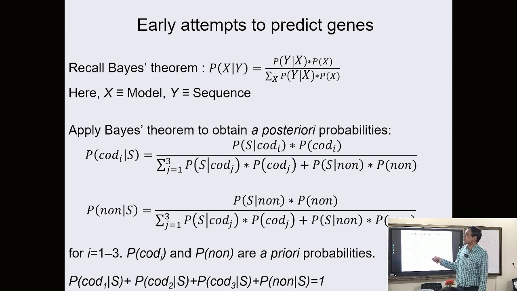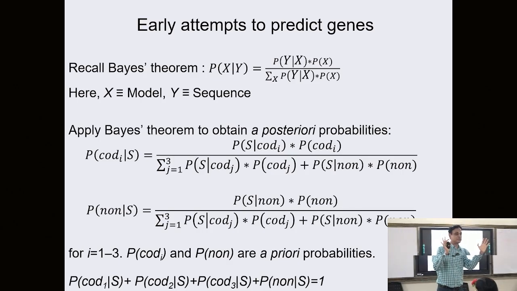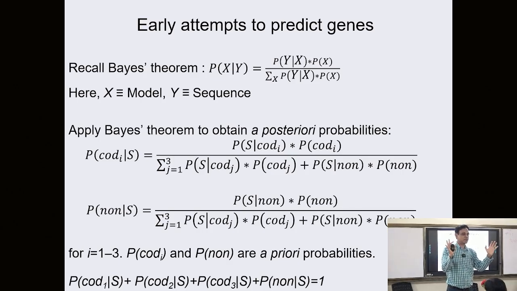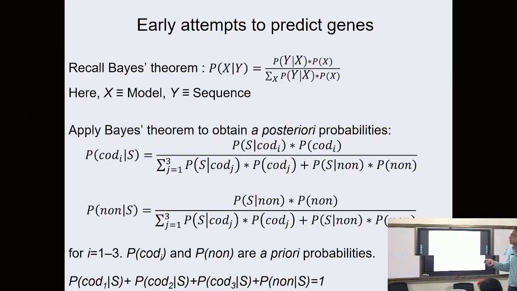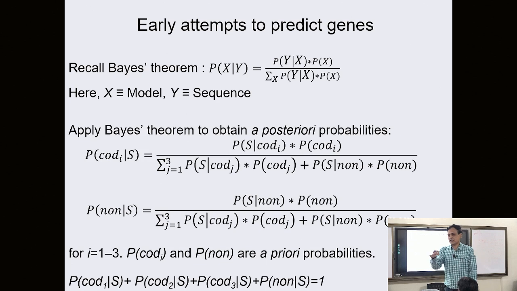X is the model, and you said protein coding, so that is the protein coding model. So the probability of protein coding, you are tempted to say 90% because of your prior knowledge about bacterial genomes.